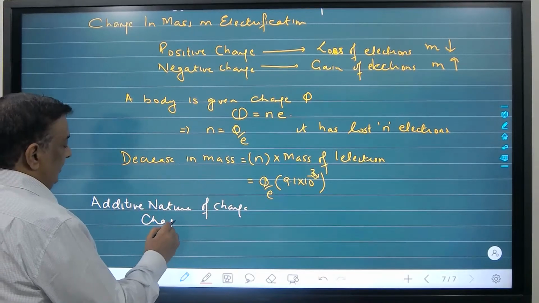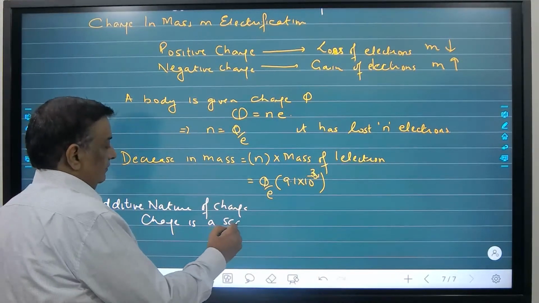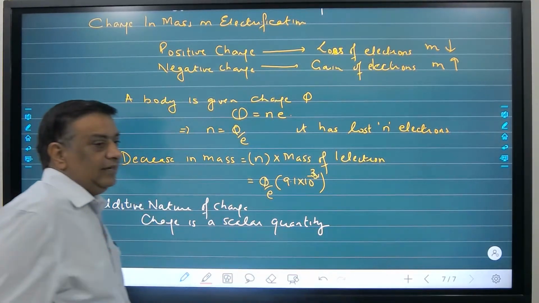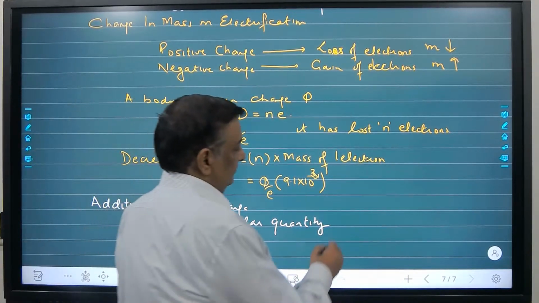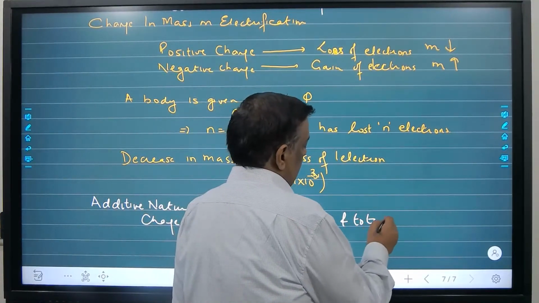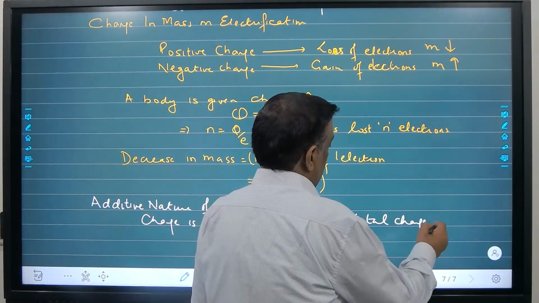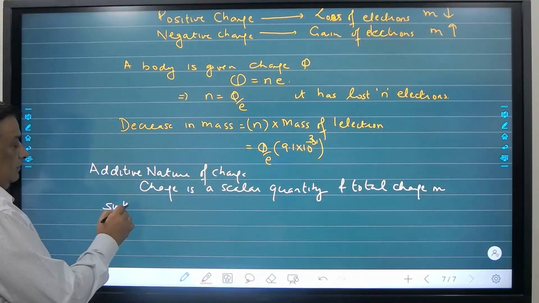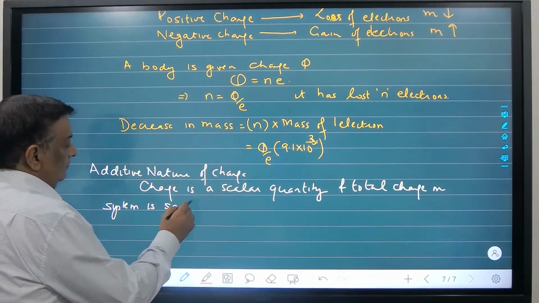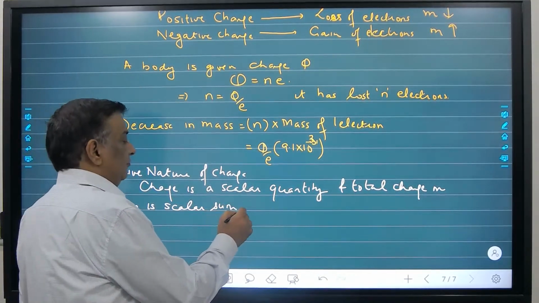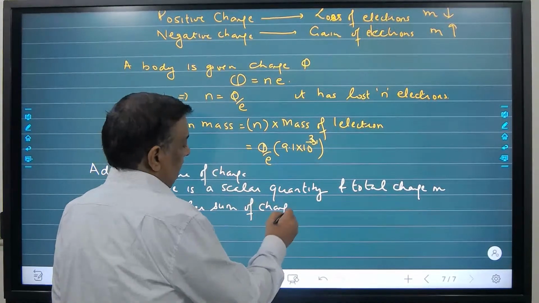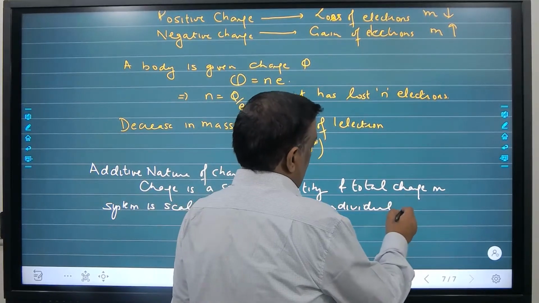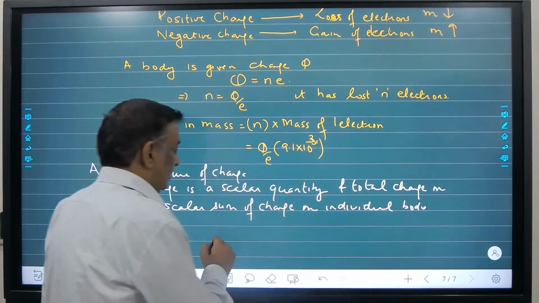Charge is a scalar quantity. And total charge on a system is the scalar sum of charge on individual bodies.